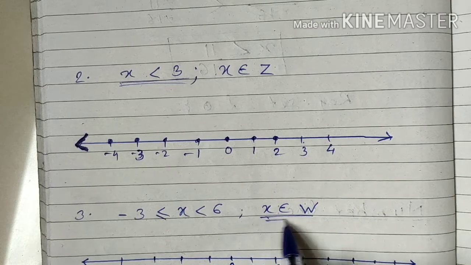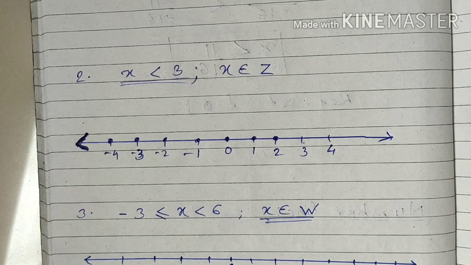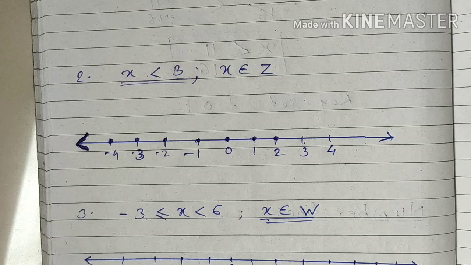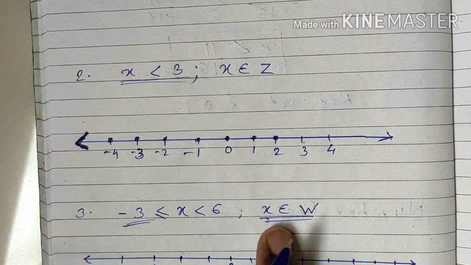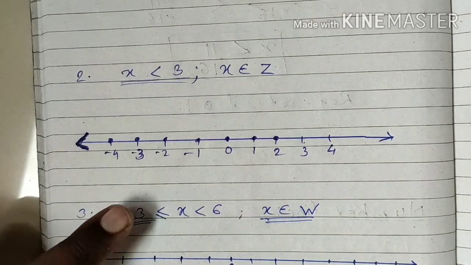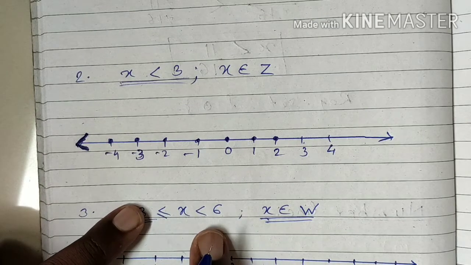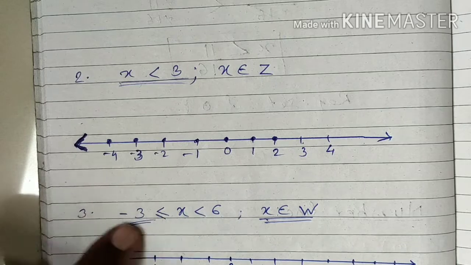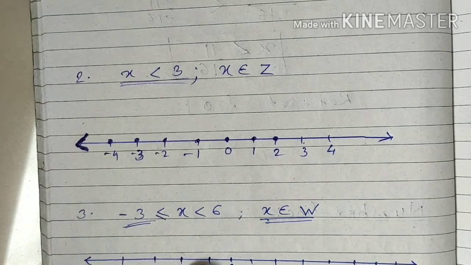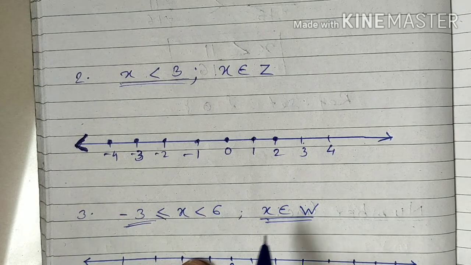Since our x belongs to the whole numbers, obviously our set will start from 0. That means we will not think about this -3. It is of no use because our set is a whole number set. It will not include any digits from the negative side. So let us think about starting from 0.